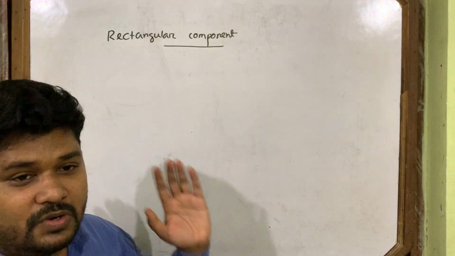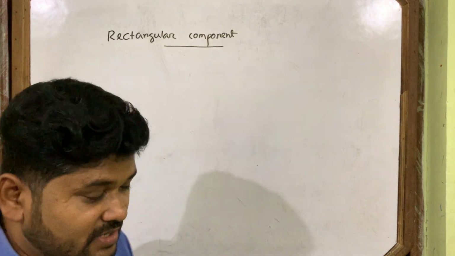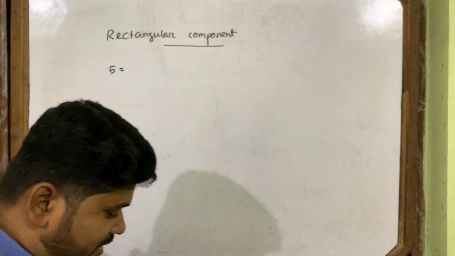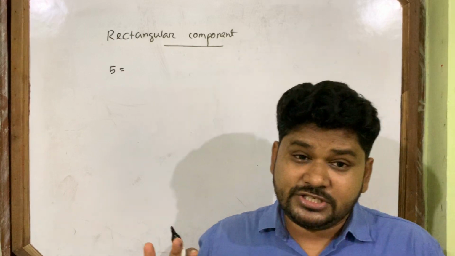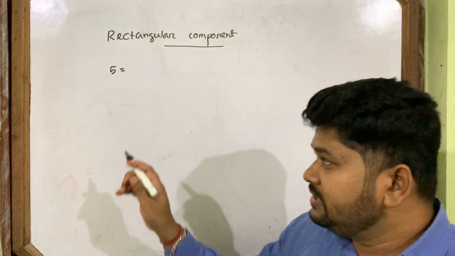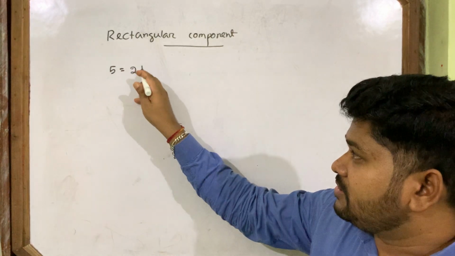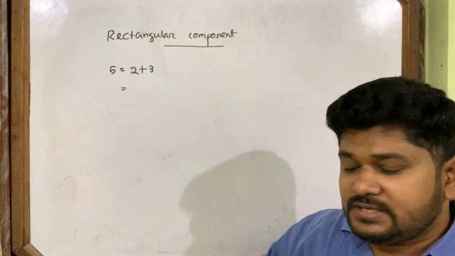Similarly, you'll find the components of a vector. Suppose I tell you one scalar, 5, and ask you to find the components of 5. Components means you split 5 in such a way that when you add them, again you get 5. One component is 2, then the other is 3. Another pair?